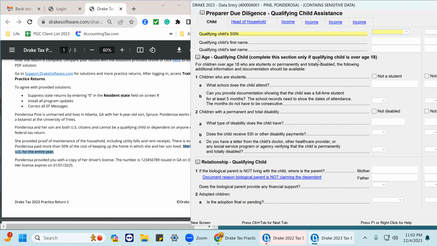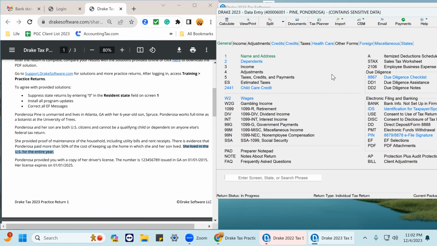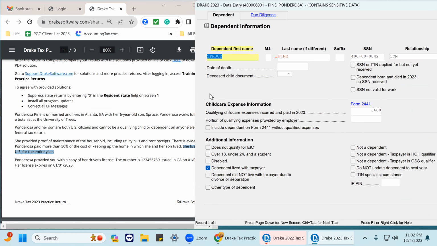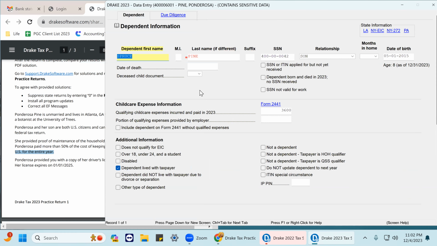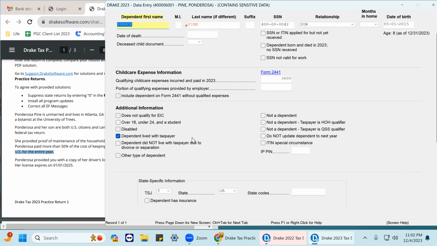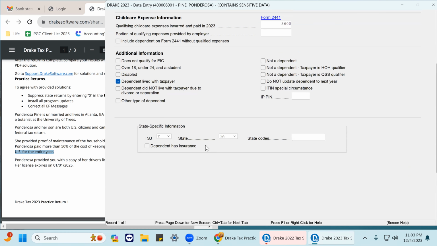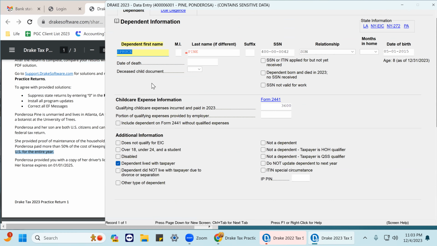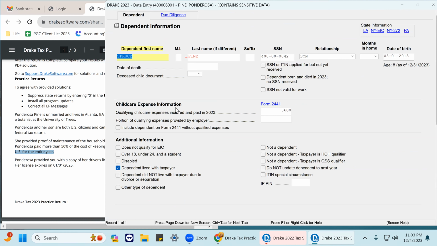Now, for this kid, when we get this kid in here, this year, the kid information is a little bit different than last year. It's a little bit different than the 2022 tax software.